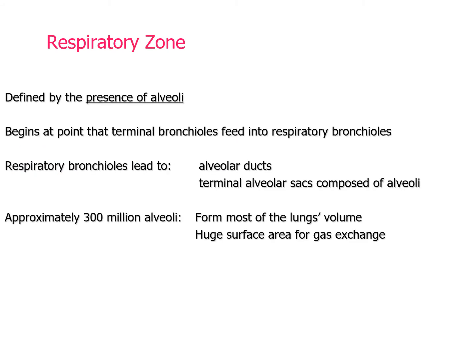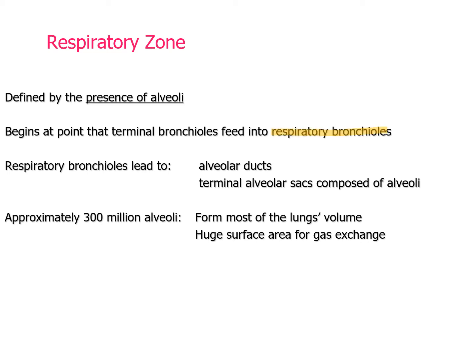Now, once you get past the conducting zone, you get into the respiratory zone, and the respiratory zone is defined by the presence of alveoli. It's at the alveoli that you get gas exchange. So anywhere where you have gas exchange, that's not the conducting zone, you're into the respiratory zone. The last conducting zone tubes are the terminal bronchioles, and they feed into respiratory bronchioles.